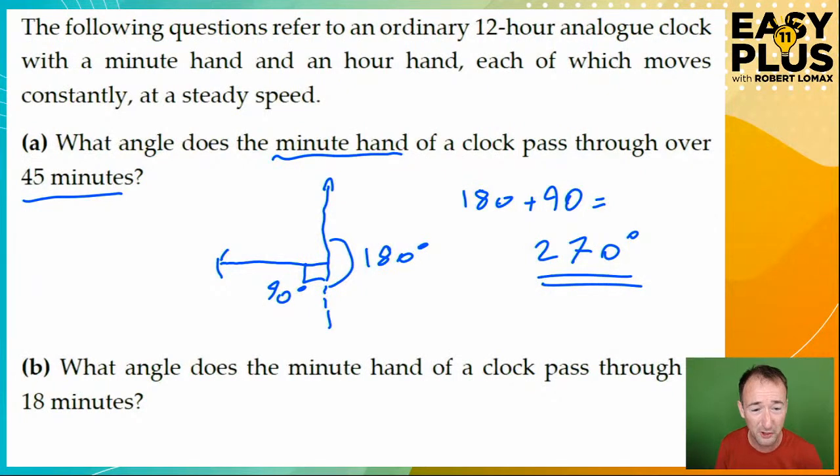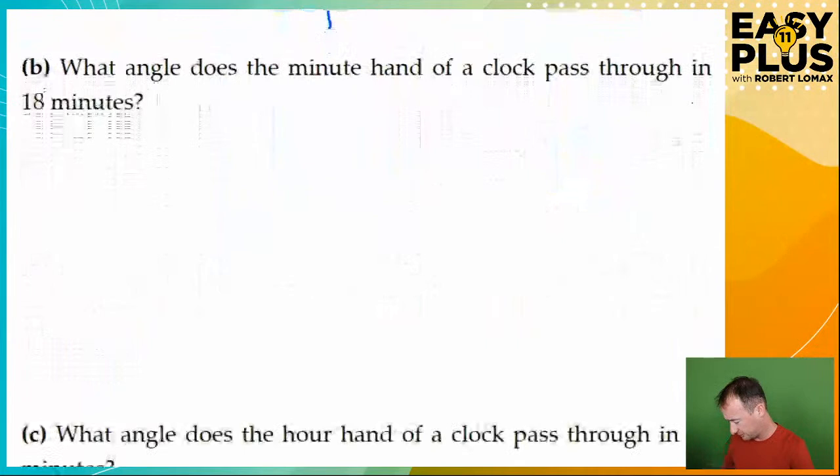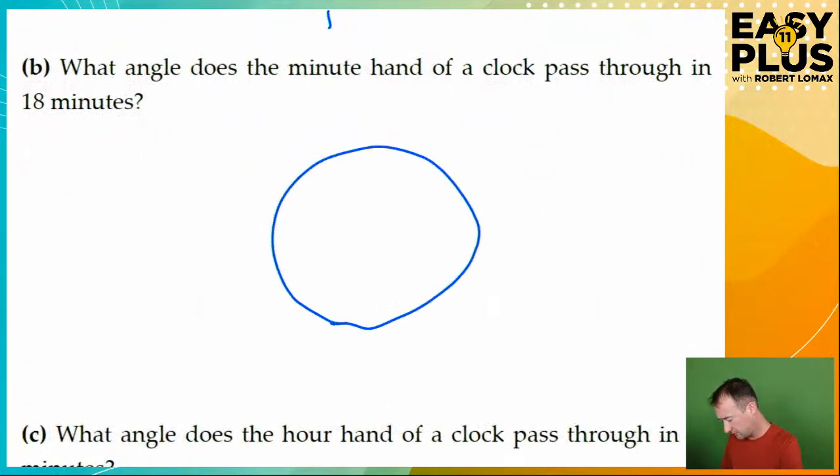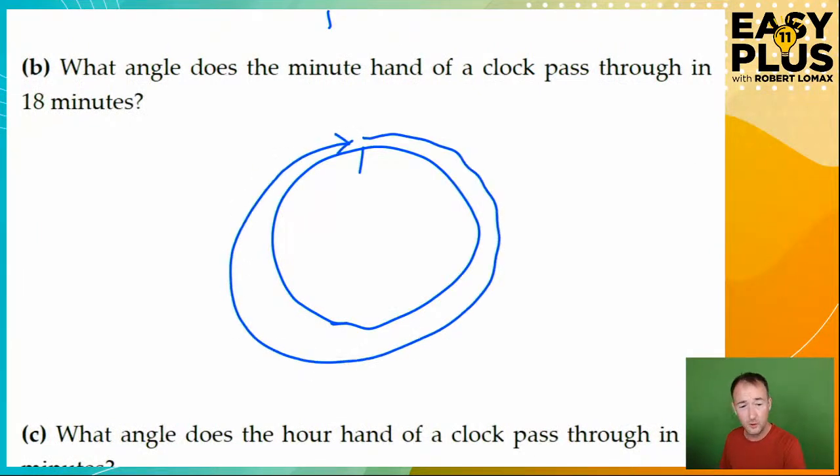Now, I'm assuming that you've got a basic knowledge of what degrees are and how they work, but perhaps it's useful just to do a quick reminder. Let's use this space just for this purpose. So if you've got a complete circle here, if you go all the way around from there to there, you have gone through a turn of 360 degrees.